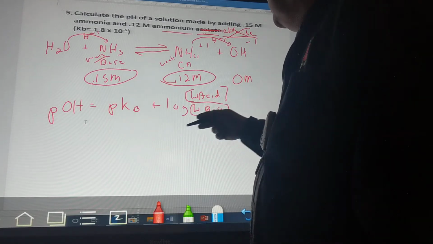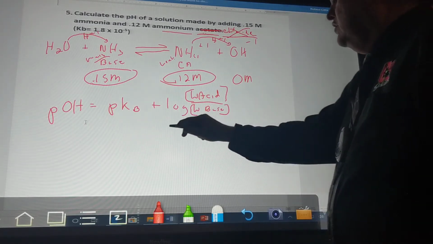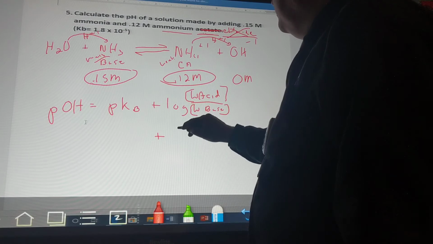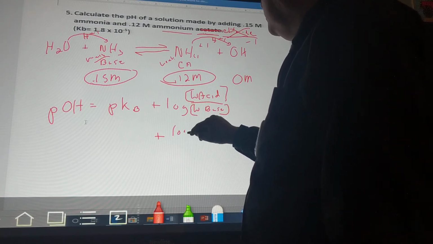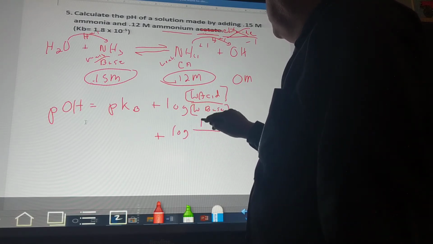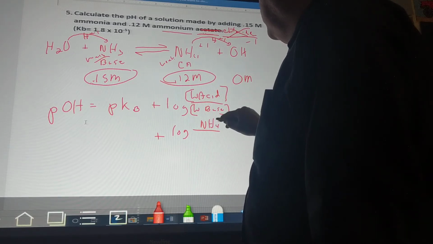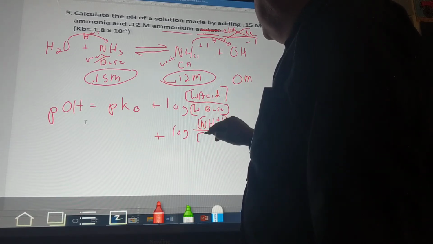So the last term is the log of ammonium over ammonia.